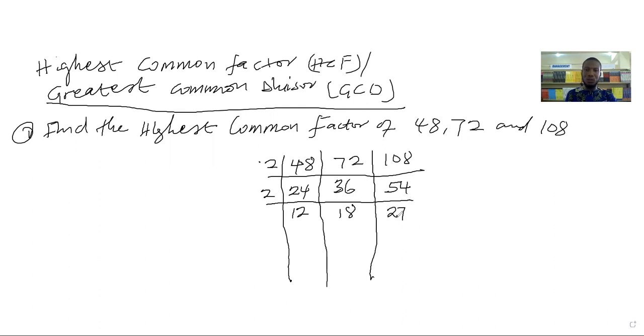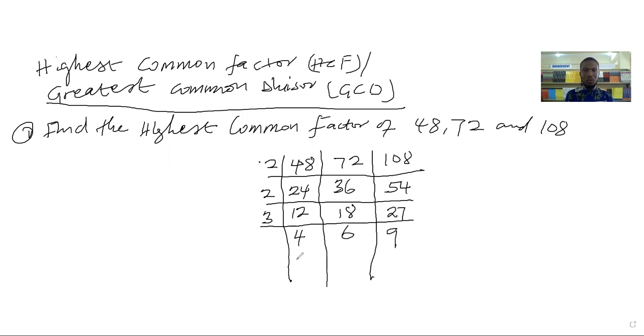Then 2 cannot go into 27, so we cannot use 2 again. We go to 3. 3 goes here 4 times, and then goes here 6 times, and then goes here 9 times. 3, 9, 27.